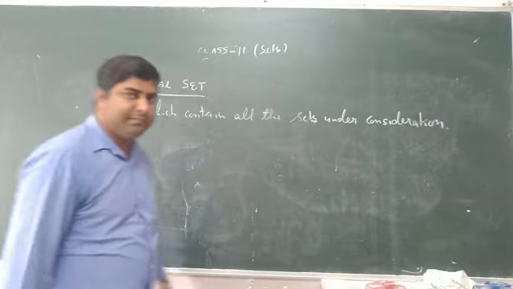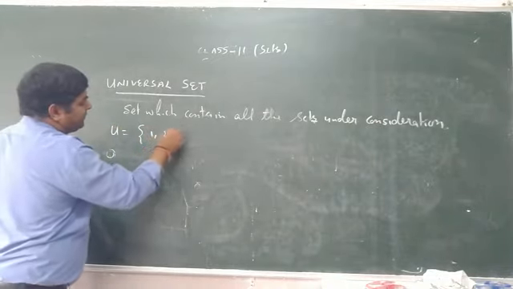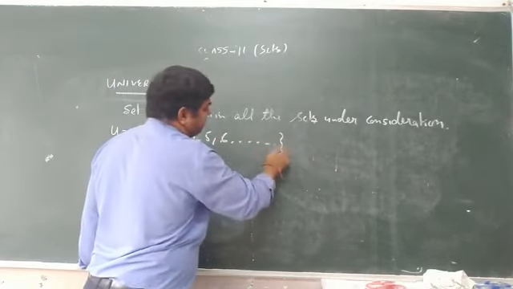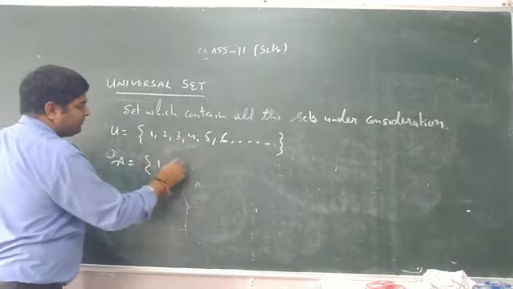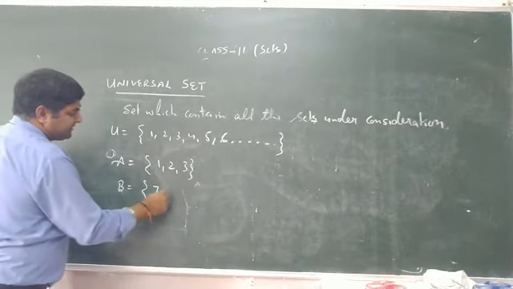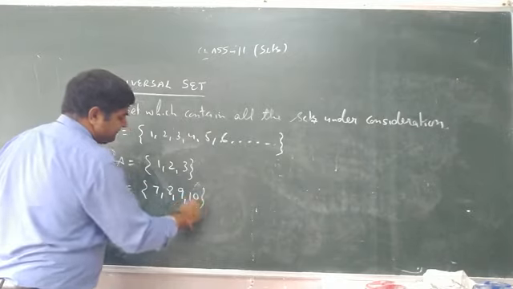Let us take a simple example. Let U be a universal set {1, 2, 3, 4, 5, 6 and so on}. Let A be a set having members 1, 2, 3. B is a set having members 7, 8, 9, 10.